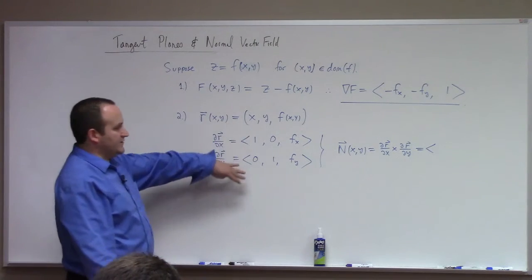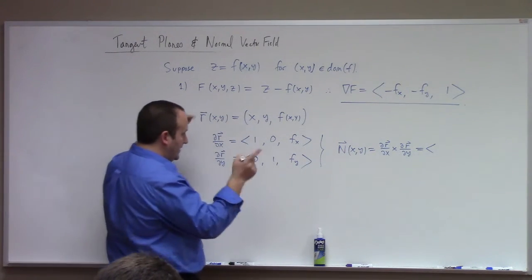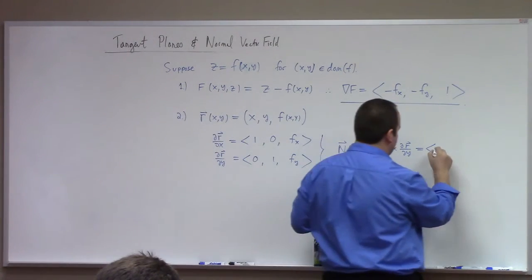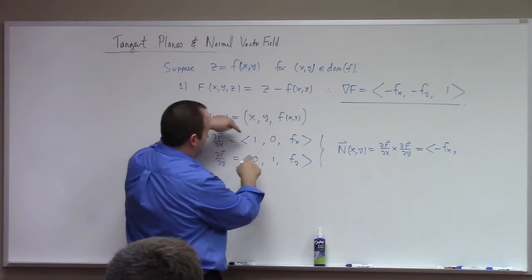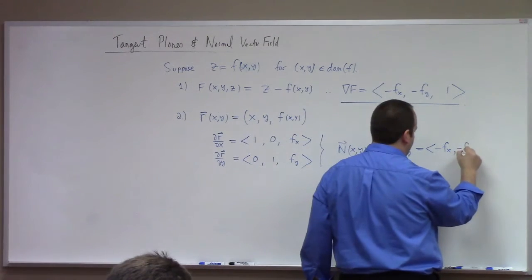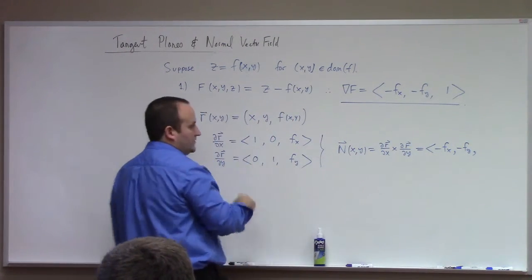So I take the cross product of these two vectors. To get the x component, I do this minus that, so I get minus f_x. The next one, I get minus f_y. And then 1.